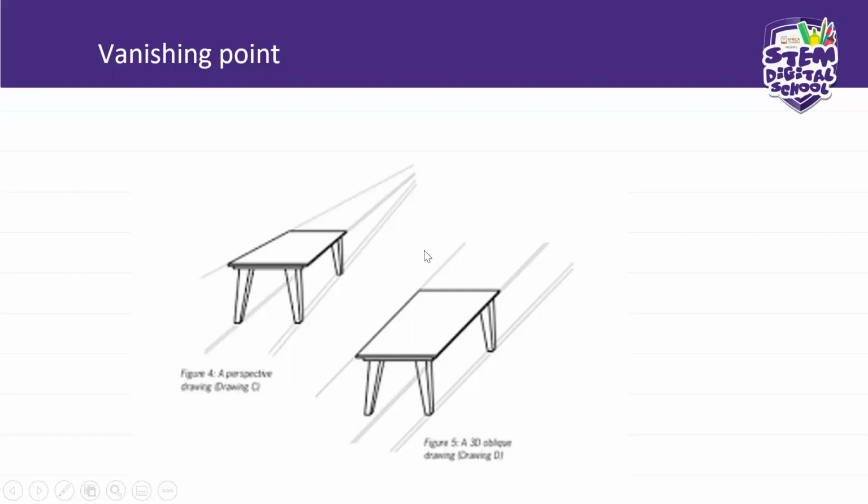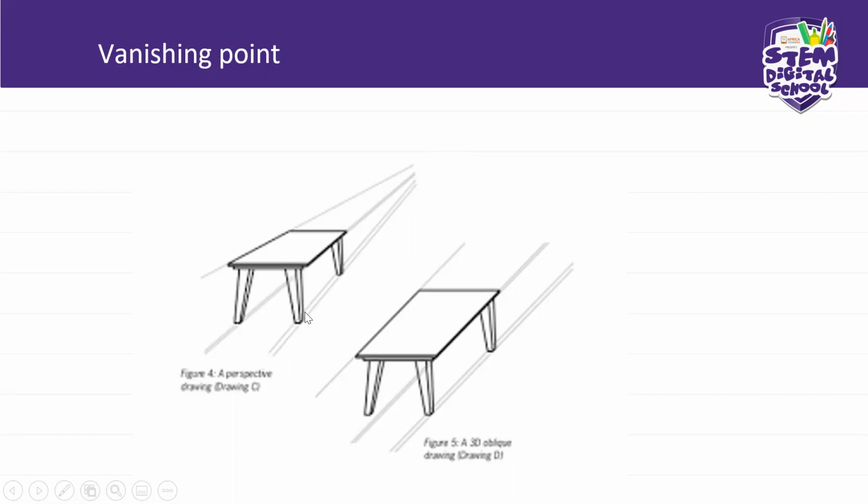I said the first thing is to draw a horizontal line. Then on the horizontal line, you make a dot somewhere here. And then you draw only the front part of your object, because you are doing an oblique drawing.